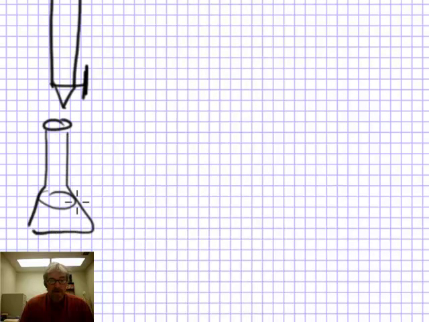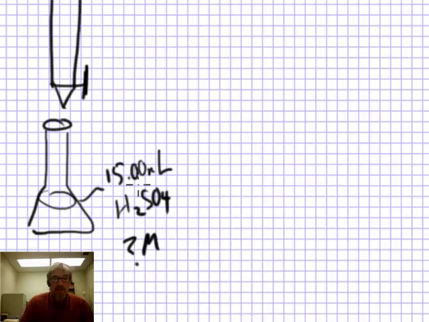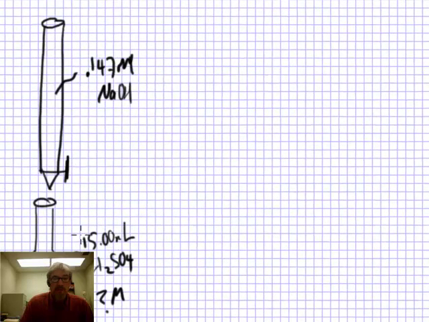This is 15.00 milliliters. I know that it's H2SO4, but what I don't know is what is its concentration, and that's my objective. I do know that when the endpoint is reached, when I've just used up all the H2SO4 in the flask, I have added a volume of 36.42 milliliters of my standard solution.